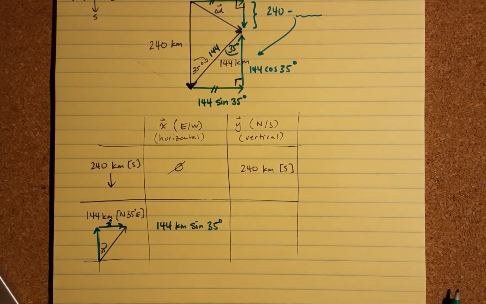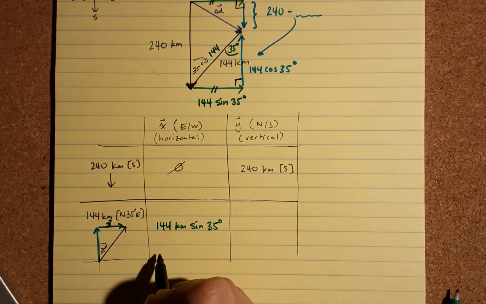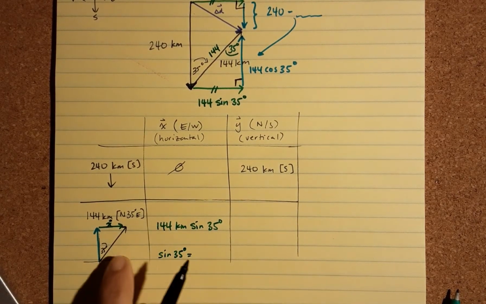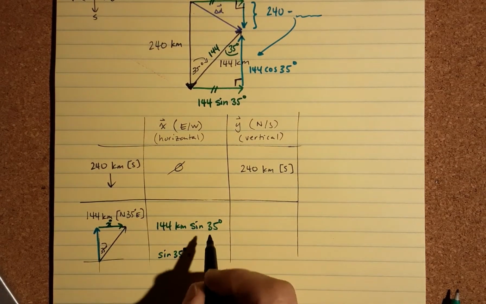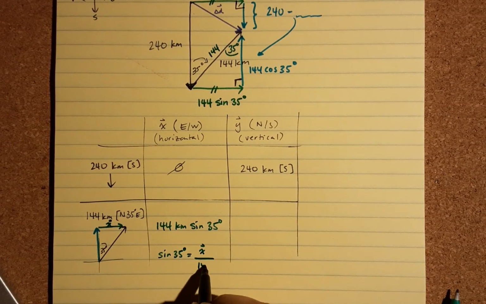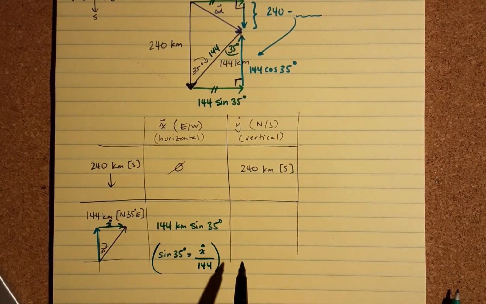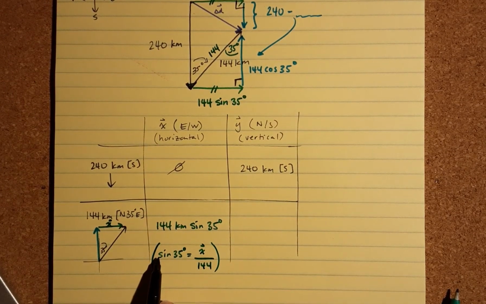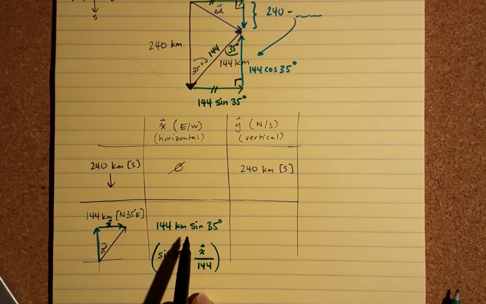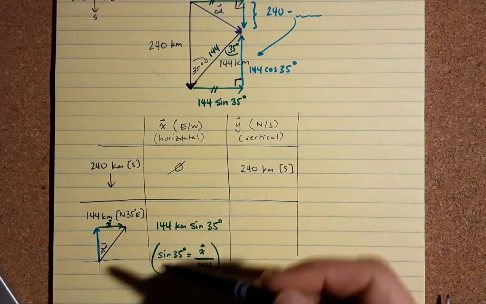And if you didn't know where that came from, I can do more, but I'm just showing the rearrange. Sine of 35 is opposite over hypotenuse. Opposite is the X, and hypotenuse is the 144. So really what I'm doing is rearranging that. I'm multiplying across, so I'm left with X. I'm really just writing the value of X right here, because this whole column are the X components.